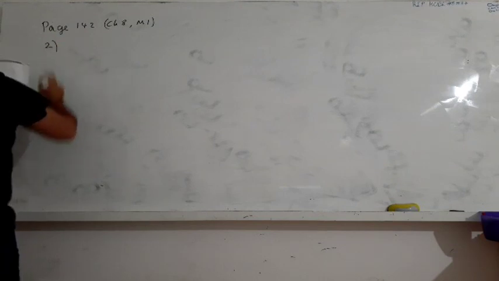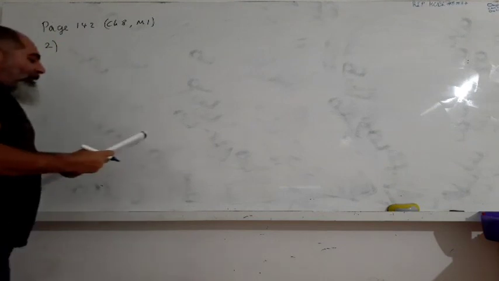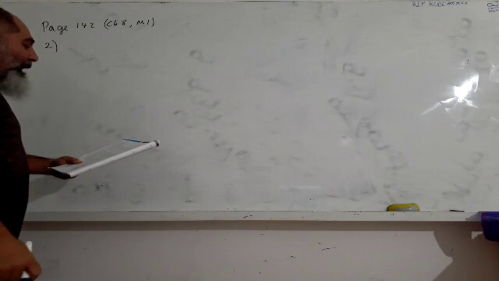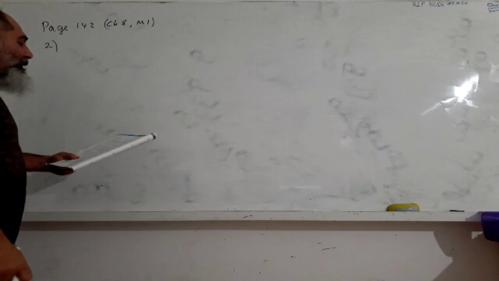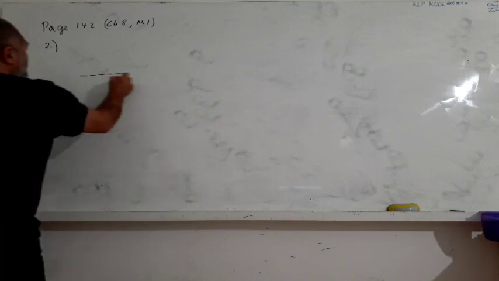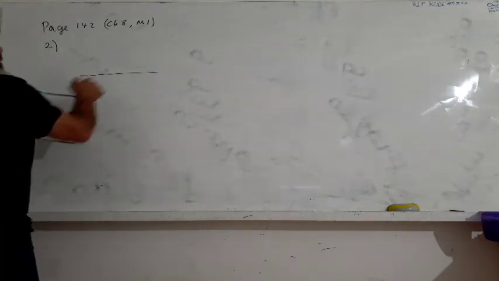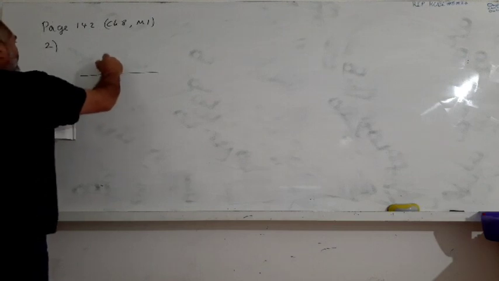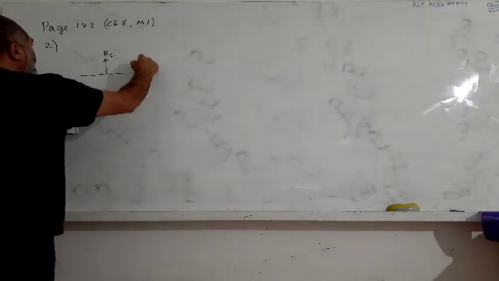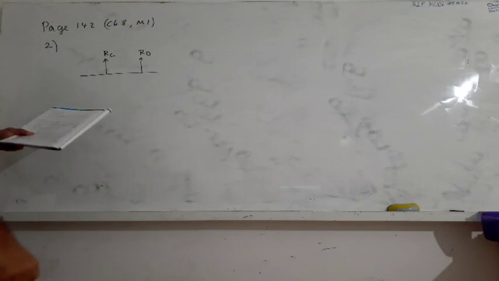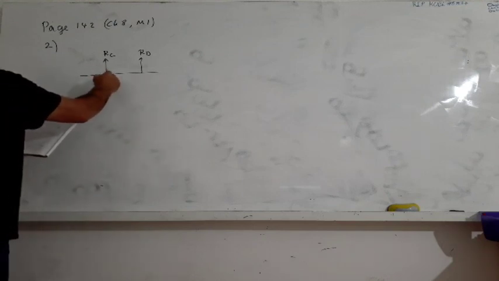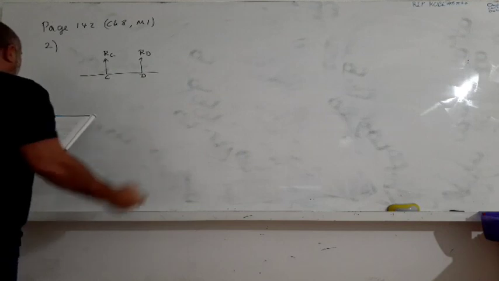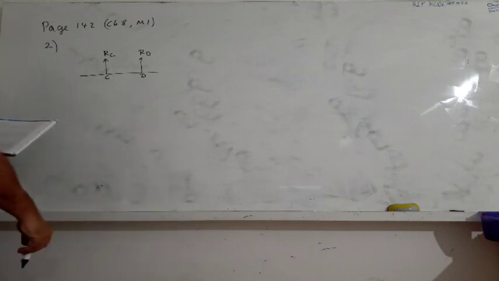A uniform rod AB has length 4 meters and weight 150 newtons. Draw the diagram. We have two supports, C and D, so we have RC there and a normal reaction force at point D as well. This is point C, this is point D. The total length of AB is 4 meters.